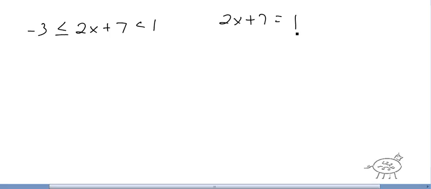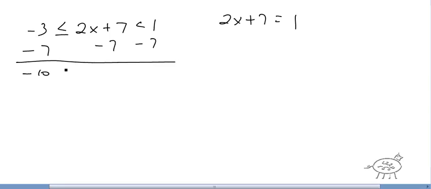If I have 2x plus 7 is between negative 3 and 1. Same thing, it's like saying 2x plus 7 equals 1, or negative 3. The first thing you're going to do is subtract 7 from all 3 sides.